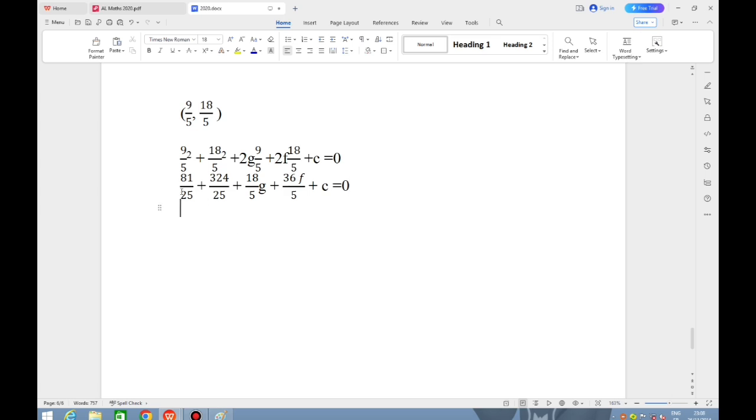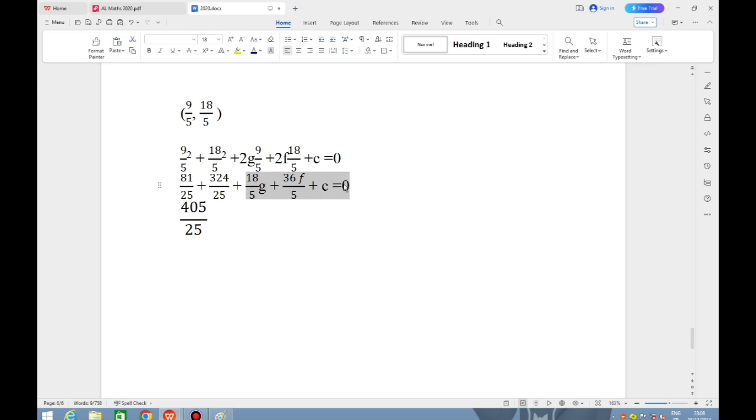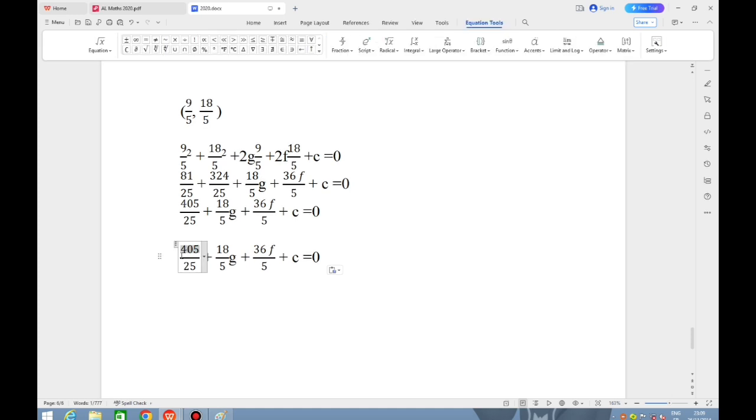Now from here we add these two values, 81 plus 324, that should give us 405, so that's 405 on 25 plus 18G plus and so on. If you simplify this, 25 divided by 405, 5 goes 5 times and 5 goes 81 times, that will turn this into 81 on 5.